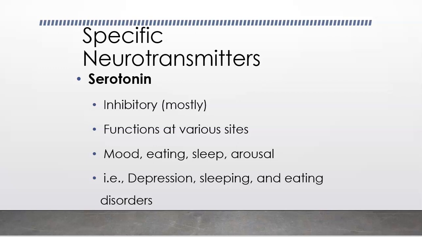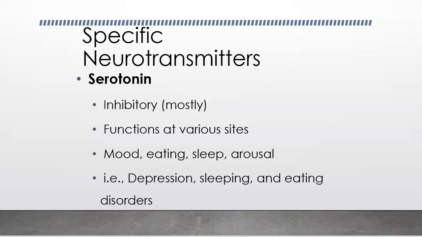Without serotonin, you see some depression. You see some differences in your sleep cycles. You see the prevalence of eating disorders. When you usually have a lack of serotonin, that's when you see these negative issues arise.